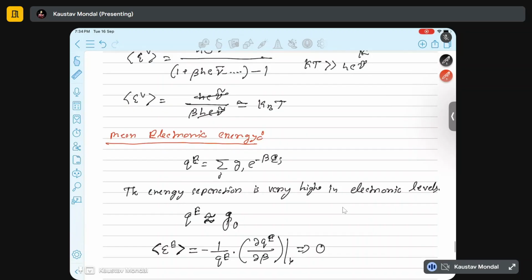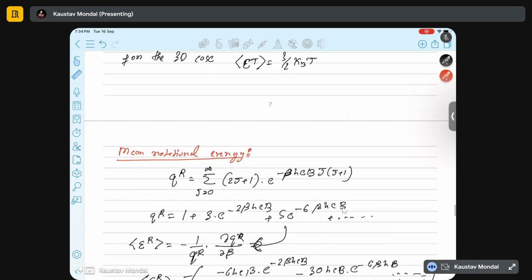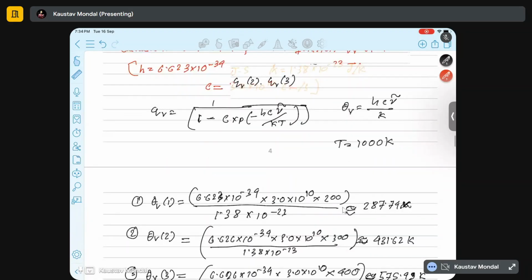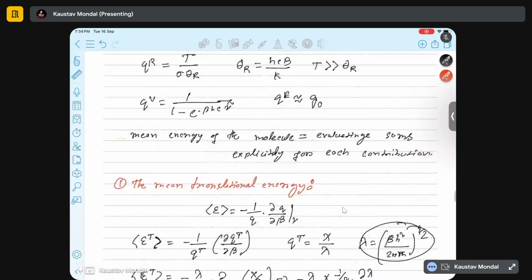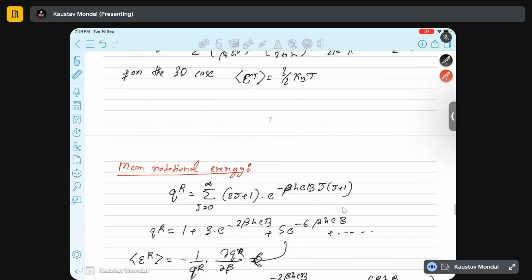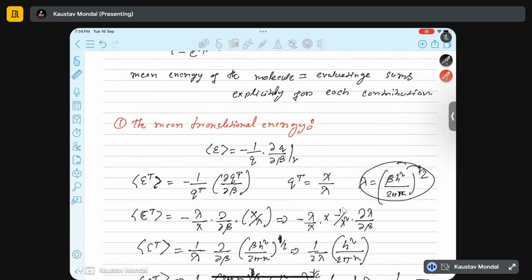So far what we have done, let me just summarize the whole thing here. Our main goal was to calculate the mean energy.